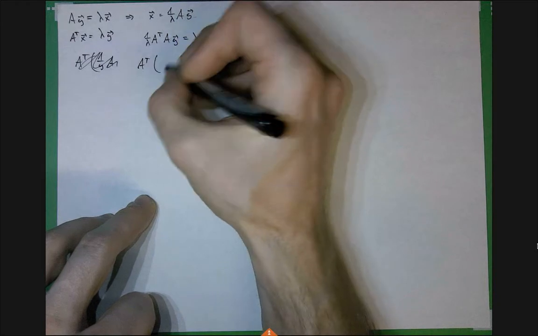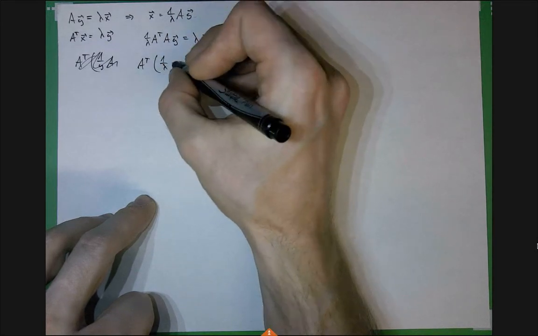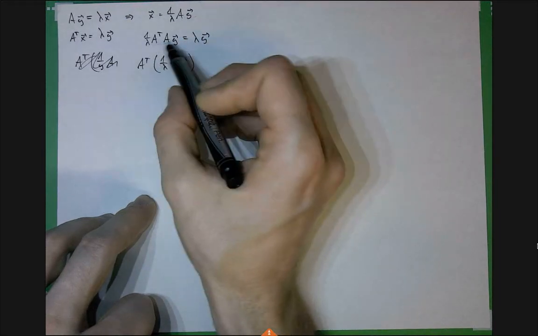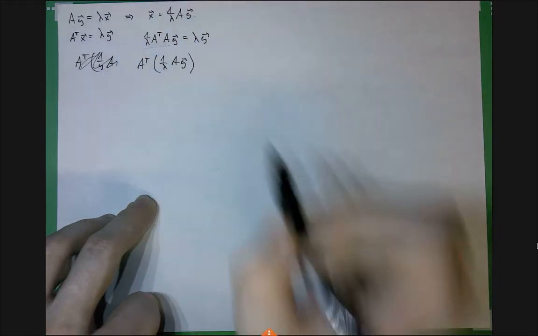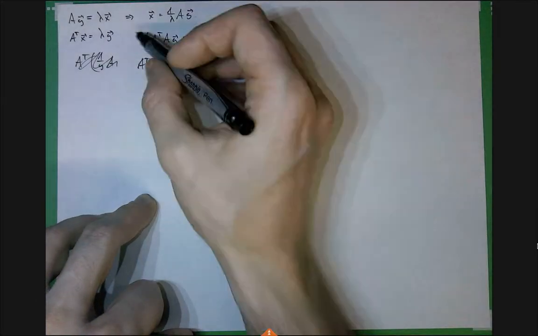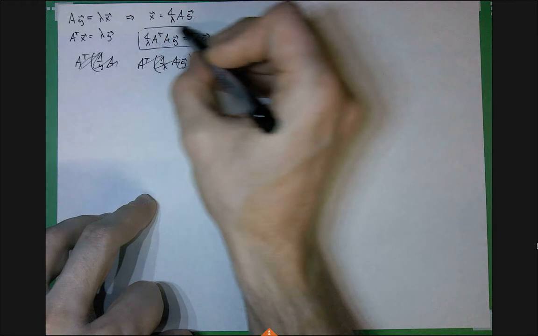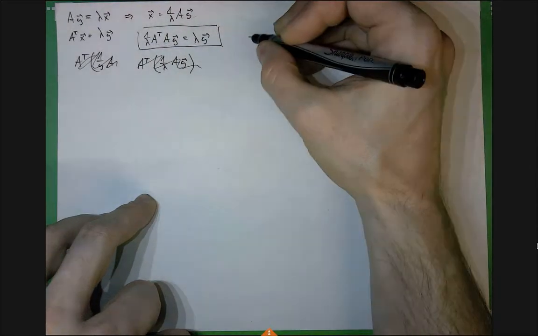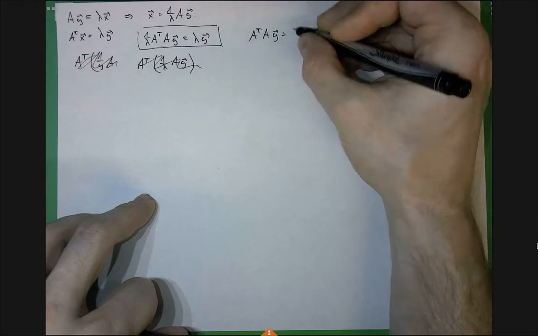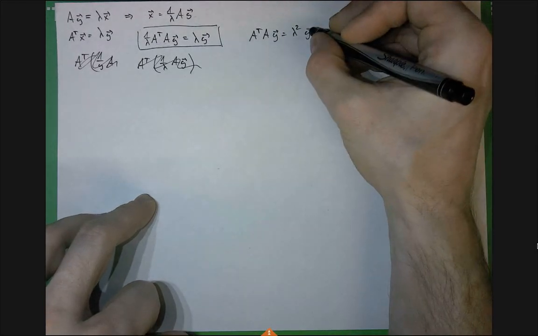Oops, I did it wrong because I'm trying to hurry up. Lambda Ay. And that's exactly this, right? The right hand side is lambda y. So this, or even nicer expression, is A^T Ay equals lambda squared y.